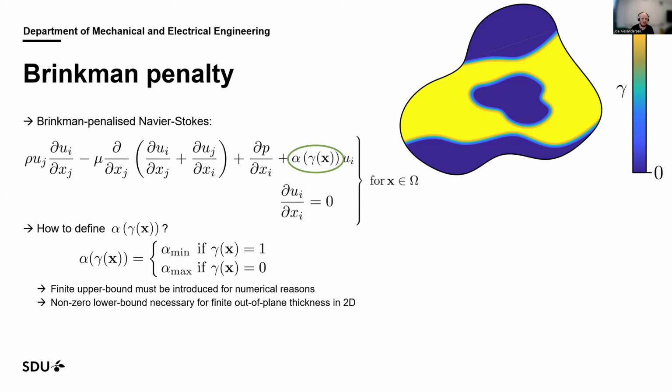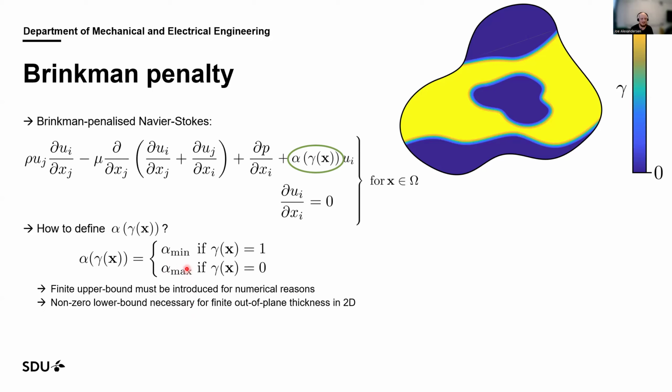That's a good question. We have to first look at the bounds. So before I had 0 and infinity, now we say that when we're in the fluid domain, it should have a minimum value. When we're in the solid domain, it should have a maximum value. For numerical reasons, we cannot use infinity, so we have to use some finite upper bound, which is large enough, but not too large.